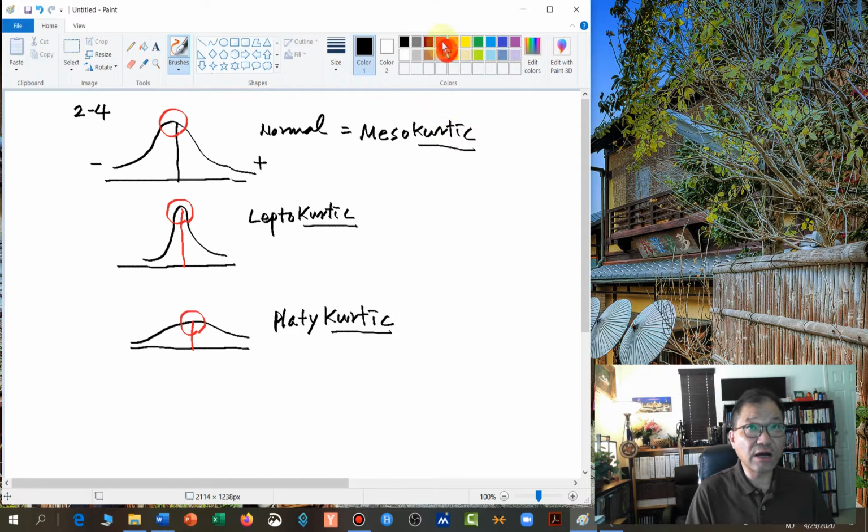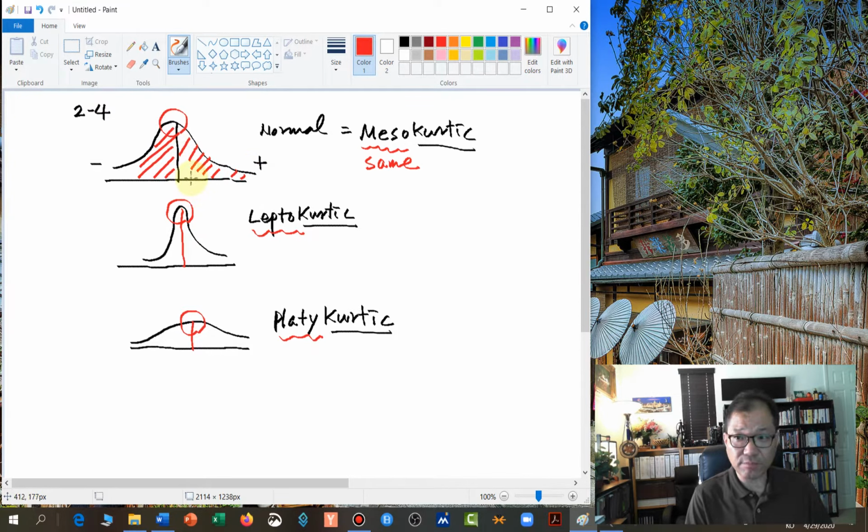So now you can see kurtic. However, you have different prefixes. Meso, lepto, platy. Meso means same. So this side and this side, they are absolutely the same. So this curve is called normal distribution or bell-shaped or mesokurtic.